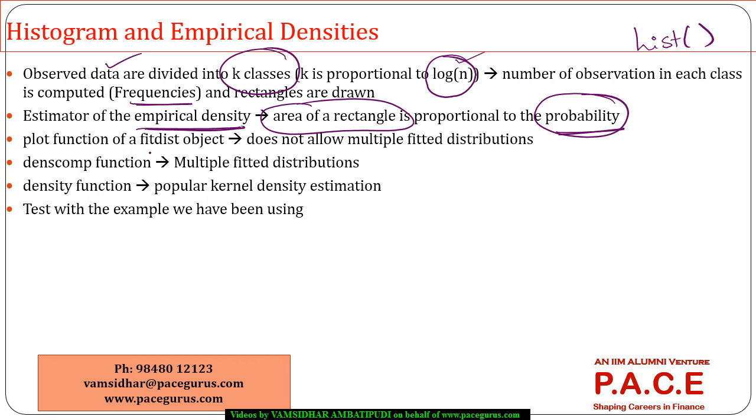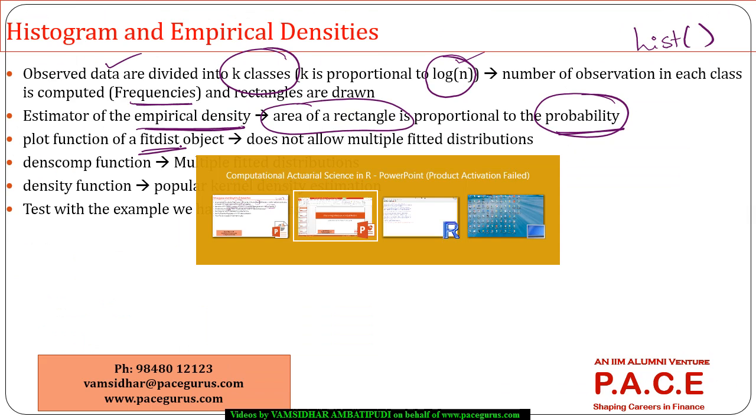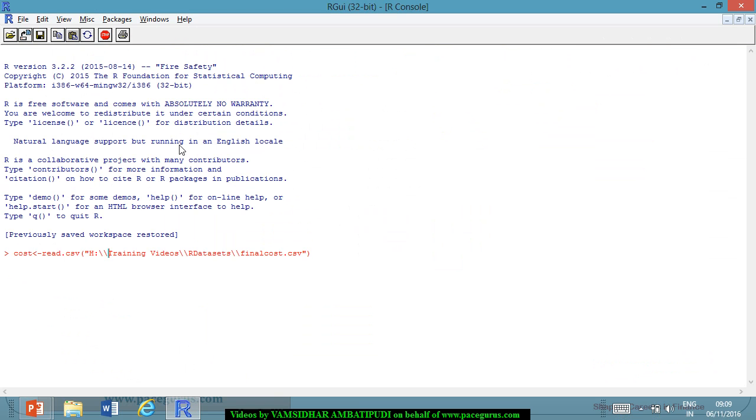So first, we will fit a model. Let's try out 2-3 models on our data, which we have used earlier. I am taking the cost data set that we have used earlier for fitting the models. Just as a quick revision, I am doing a simple head. It contains X, date and ultimate cost.